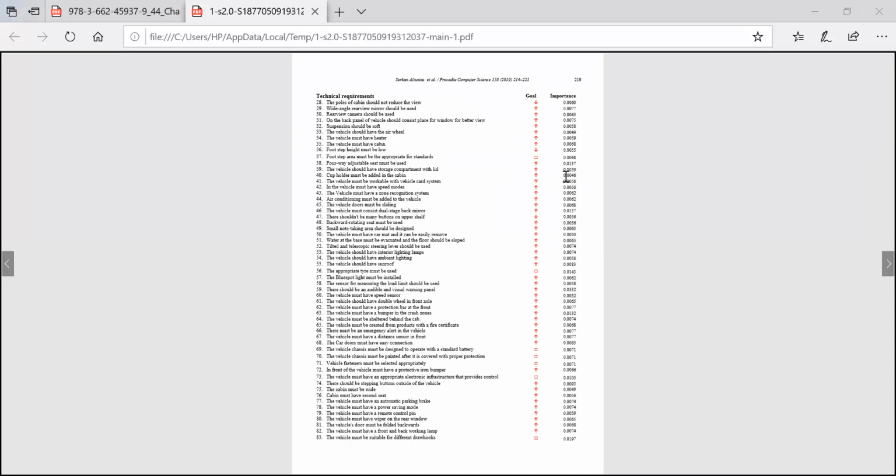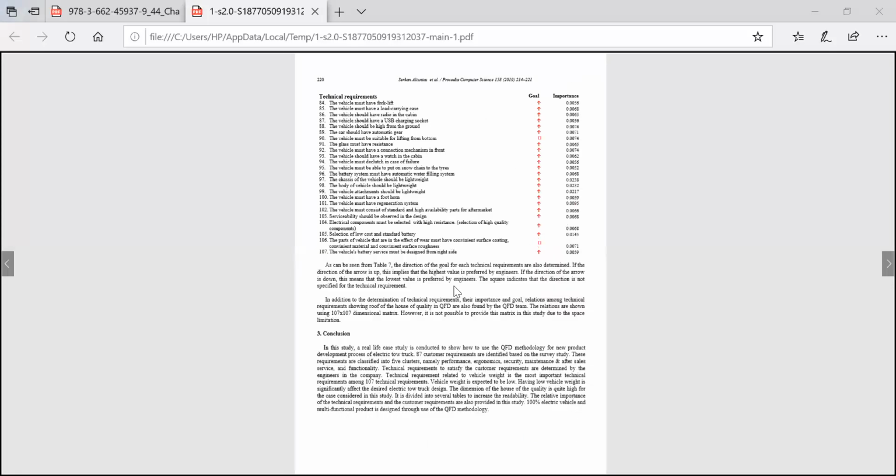And how about the importance of each technical requirement? All these are listed. After listing all, if the people start working by using the house of quality concept which was explained before, then they have a super possibility of achieving a wide space in the market with the least amount of limitations.